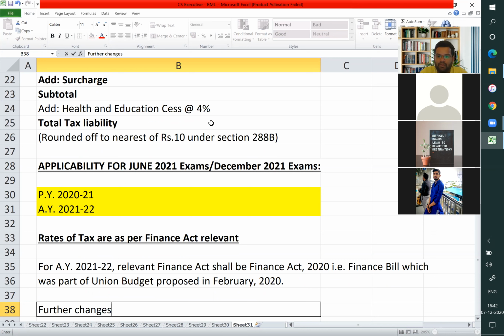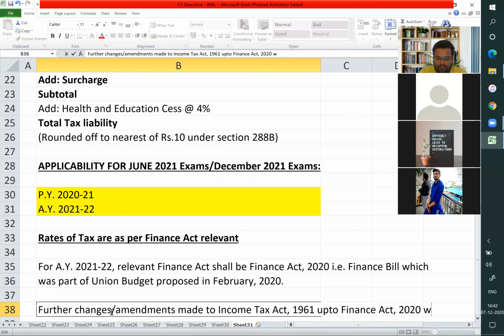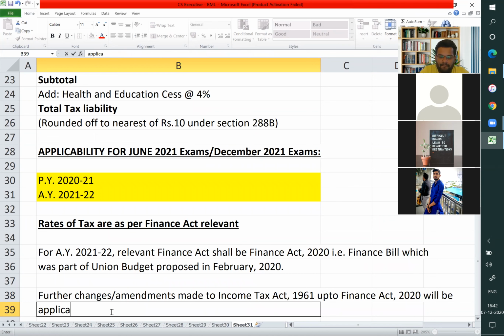Further, changes, which means amendments, made to Income Tax Act 1961 up to Finance Act 2020 will be applicable for June 21 / December 21 exams.